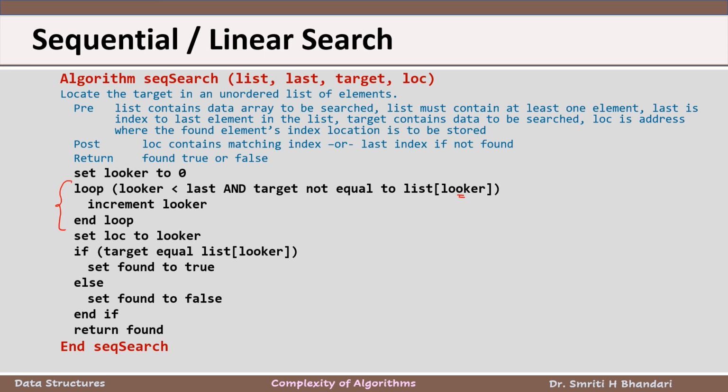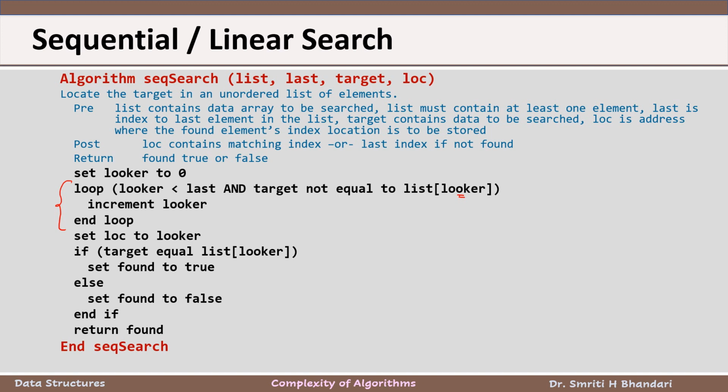Further, after coming out of the loop, either we find the element or the element is not available in the list. If there is no match, then LOC will contain the last position. If there is a match, then our target is the same as list looker, right?